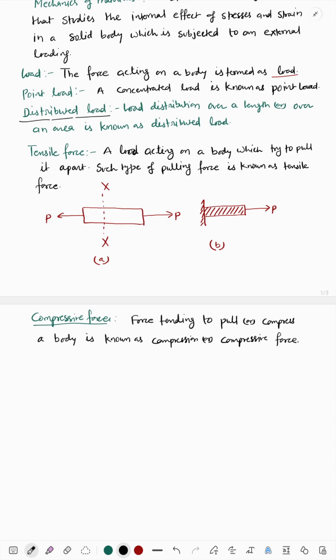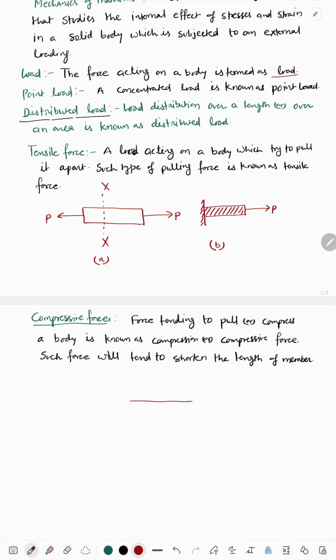Such a force will tend to shorten the length of the member.